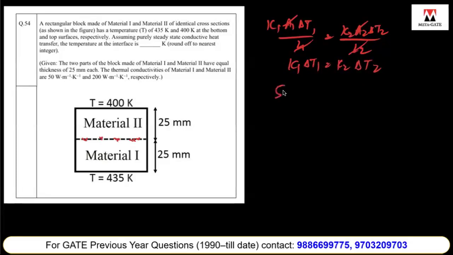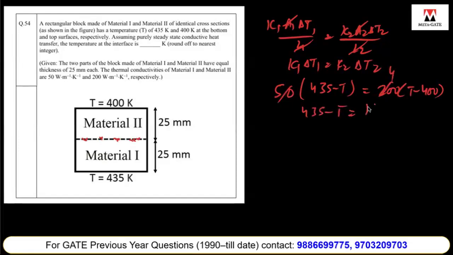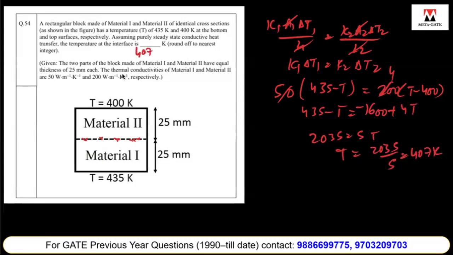So this is given as 50 into 435 minus T is equal to K2, given as 200, into T minus 400, which is 4 times. So 435 minus T is equal to 4 times T minus 400, so 2035 is equal to 5T. So T is equal to 2035 by 5, which is equal to 407 Kelvin. So the temperature is 407 Kelvin.